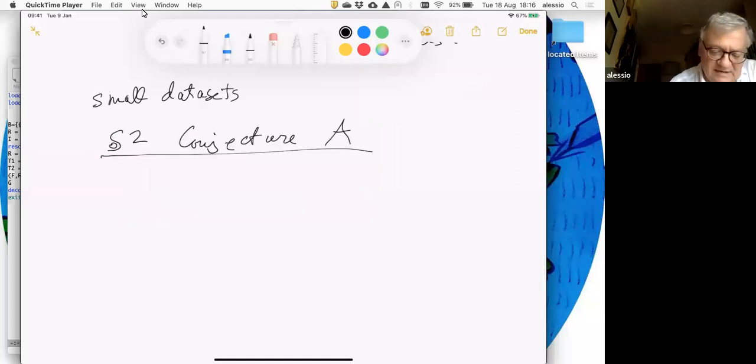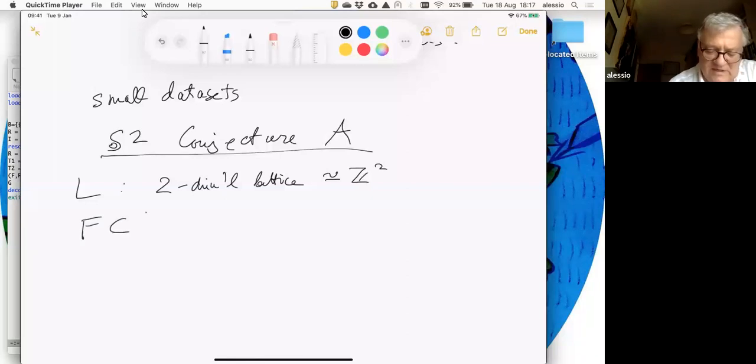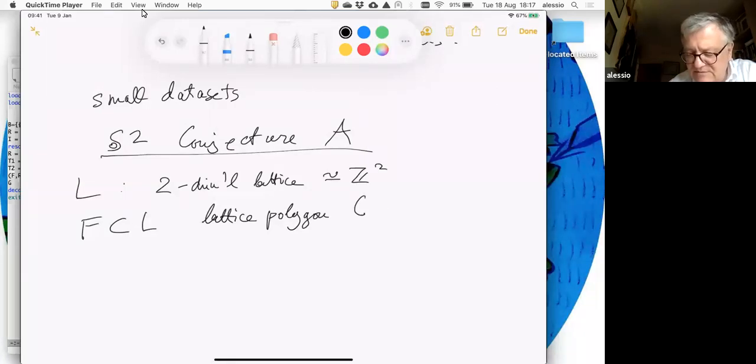So let L be a two-dimensional lattice, something like Z^2, and F in L a polygon, a lattice polygon. For me, these things are always convex.